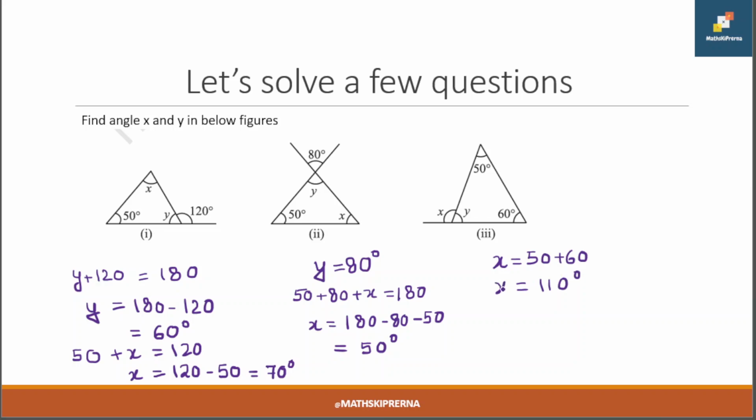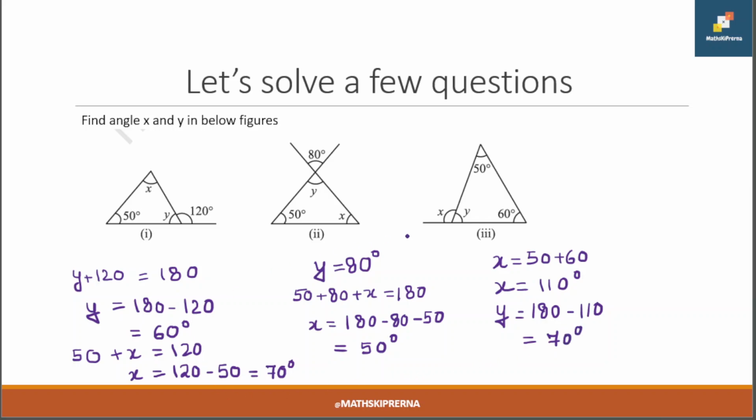So x is equal to 110 degrees. And we have to find y here. So we can find that x plus y is 180. So y will be equal to 180 minus x, which is 110. So y will be equal to 70 degrees.